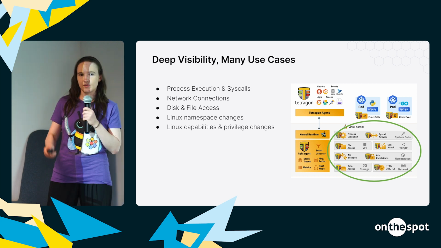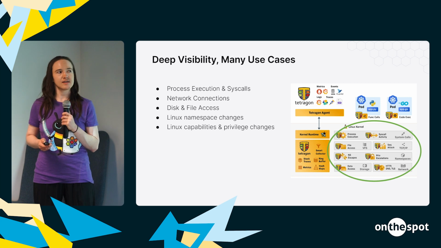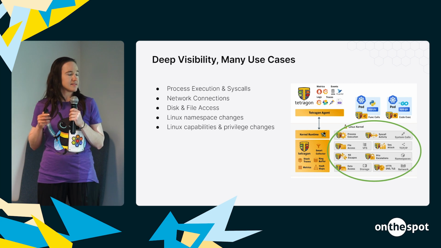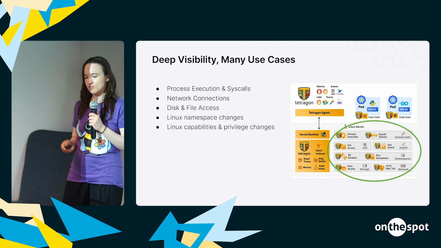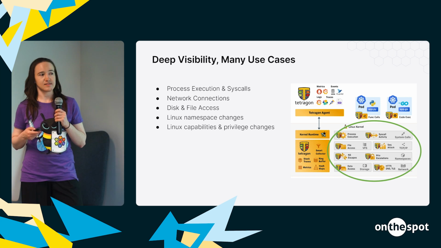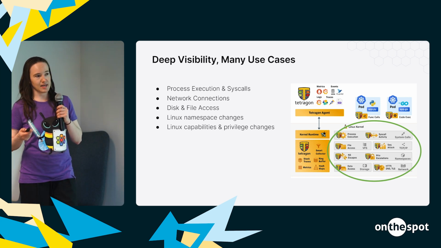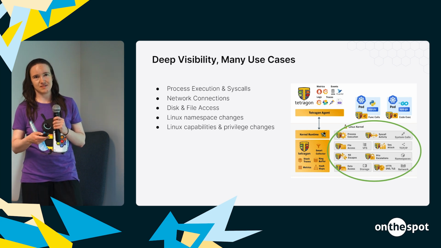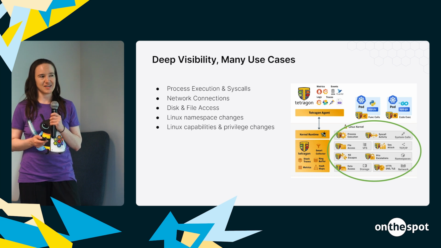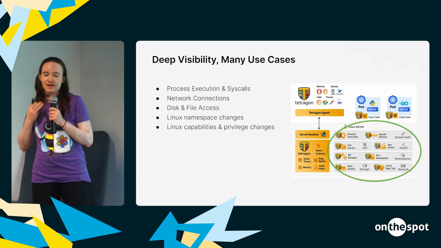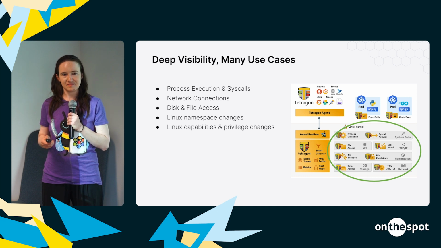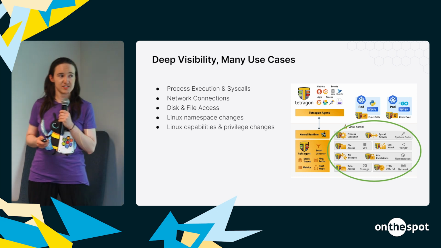Network activity, network connections, and network traffic, disk and file access, and some Linux-specific security things like changes in Linux namespaces and capabilities, which are the source of some known CVEs that were covered by media in the recent years.